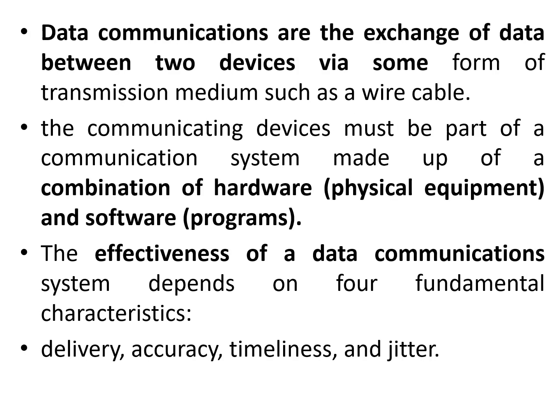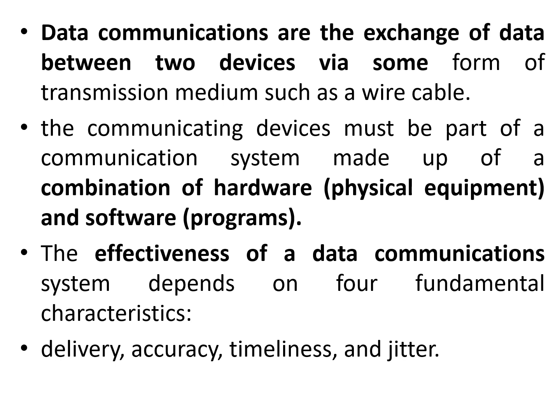When we talk about data communication, the exchange of data happens between two devices via some form of transmission medium, maybe a wired cable or a wireless medium. The communicating devices must be part of your communication system.